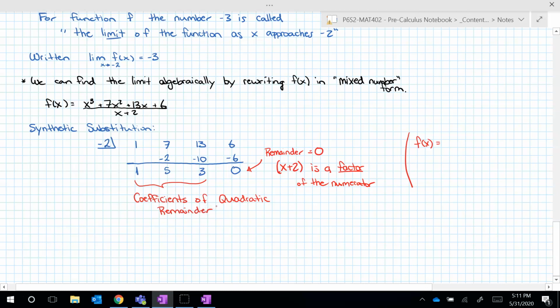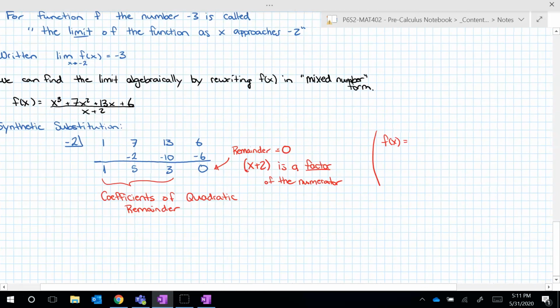And so I know that this f of x is really equal to the numerator, which I could factor into x plus 2 times x squared plus 5x plus 3, but the denominator would still be there, divided by x plus 2.